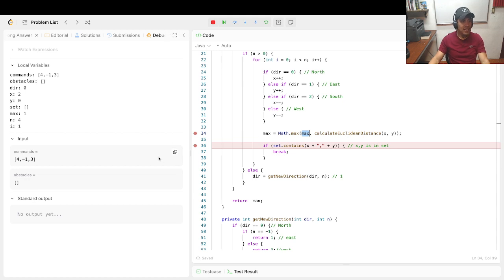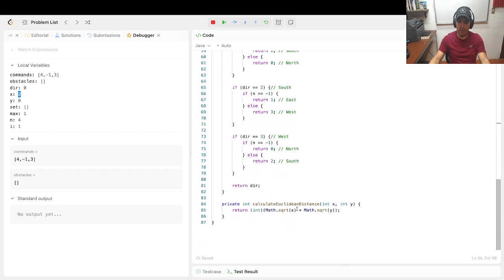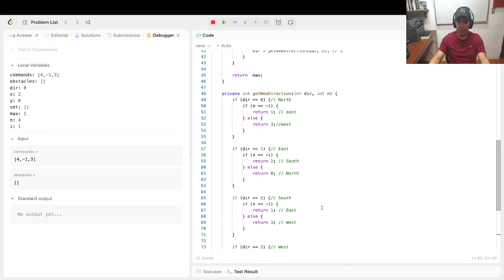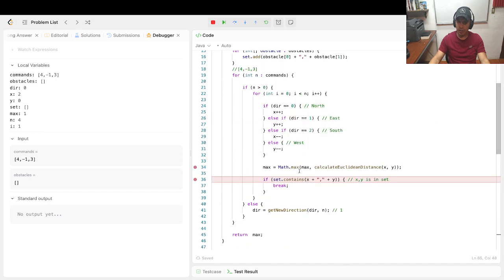Why? x is equal to, this should return 4 plus 0. Why doesn't it return 4? Why doesn't it return 4?